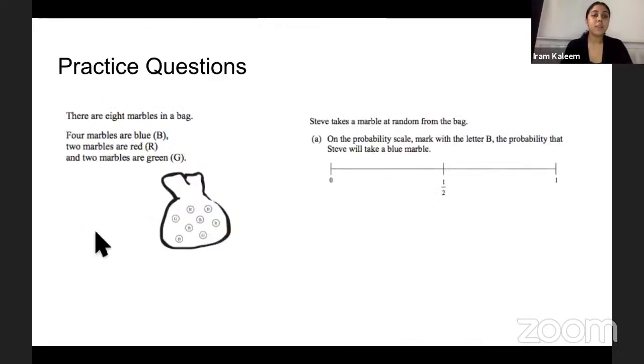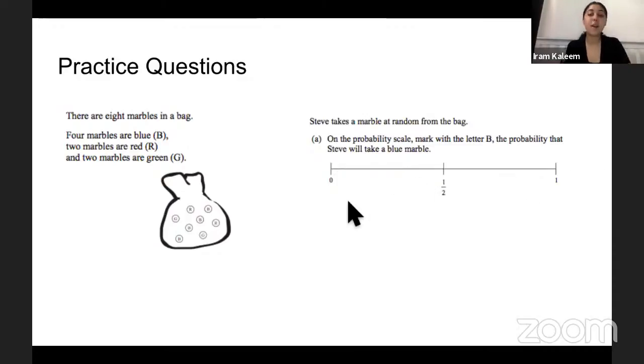There are 8 marbles in a bag. 4 marbles are blue, 2 marbles are red, and 2 marbles are green. Steve takes a marble at random from the bag. On the probability scale, mark with the letter B the probability that Steve will take a blue marble. Now, what you can do is work out the probability and leave that as the fraction and think about where on the scale it would go.